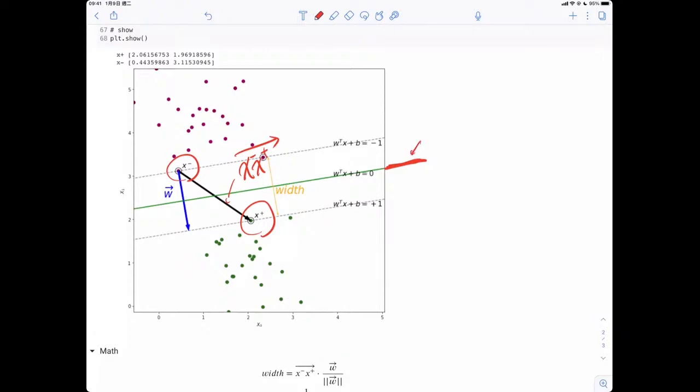And this line is w transpose x plus b, right?